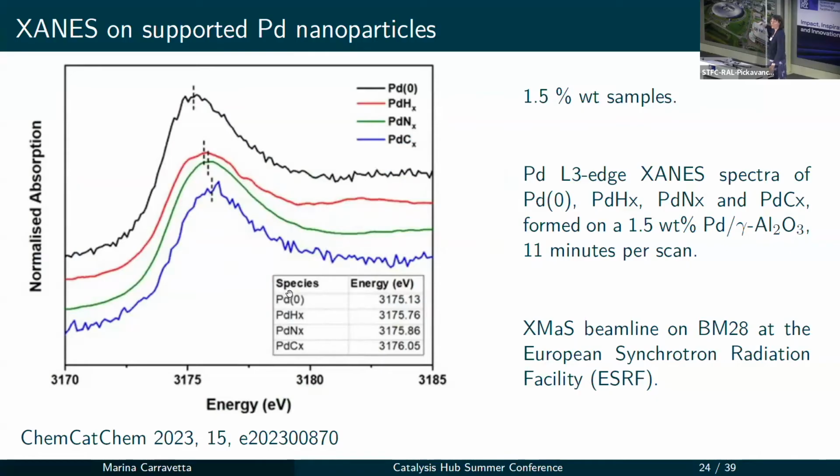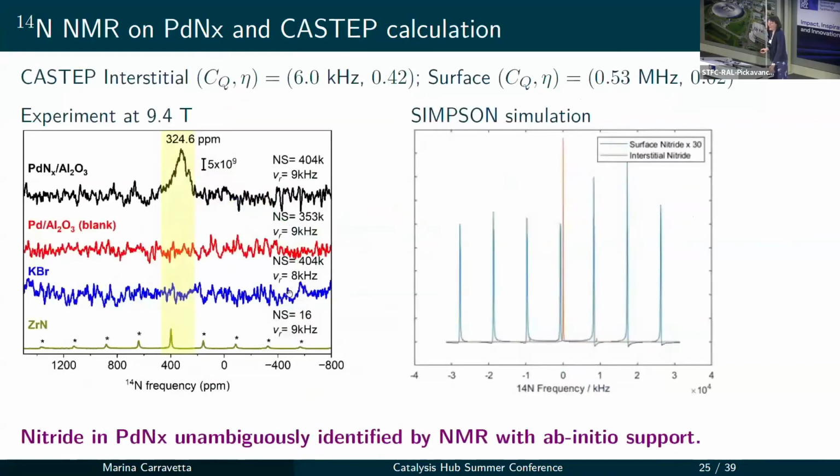So the palladium loading in the material is kind of low. On top of this low loading, we try to form, first of all, the nitride. So you can imagine that the amount of nitrogen in this really tiny amount of palladium is quite tiny. So it was very challenging to detect.